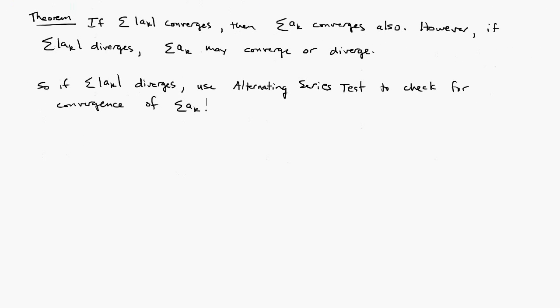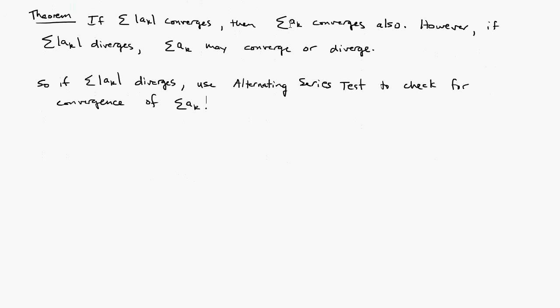Okay, so let's discuss a couple examples of absolute convergence. Suppose I take the series sum k equals 1 to infinity of (-1)^(k+1) over k squared. So here the given series is an alternating series, but let's check for absolute convergence.